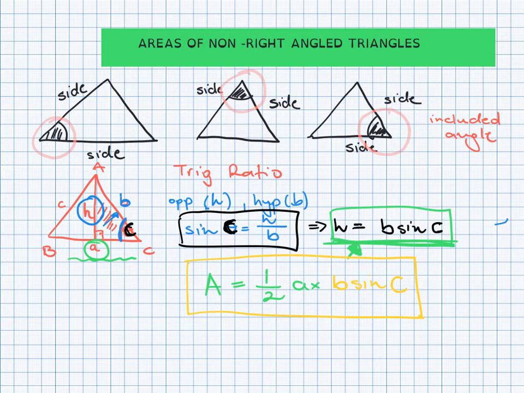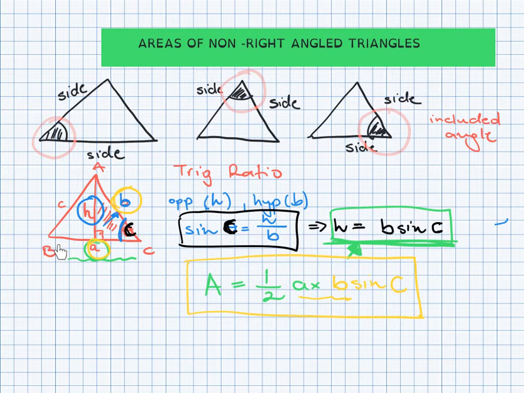So it's easy to remember as well. If we have sides A and B here, I'm just going to use the pointer, A and B, and then it's sine of the included angle. However, if you have A and C given, then it's this angle there.